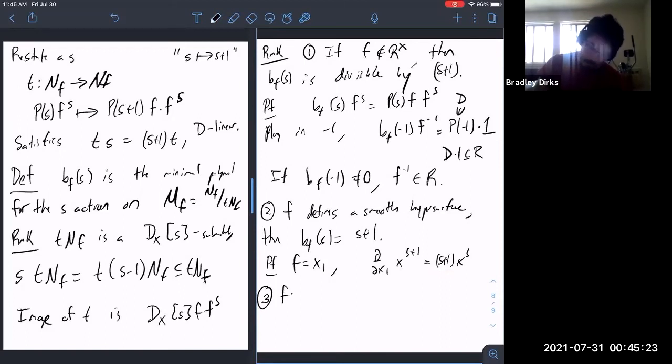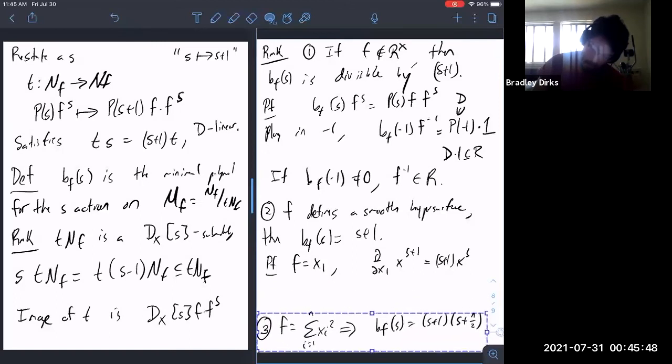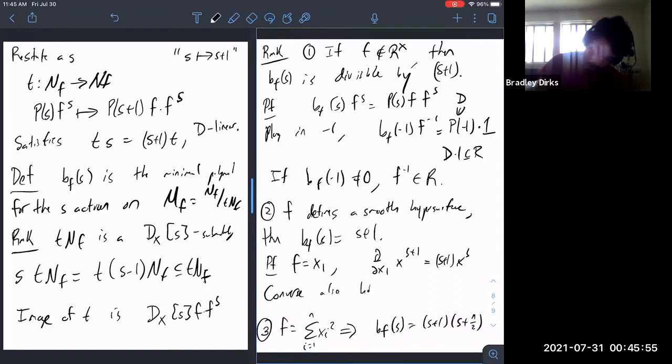And then maybe one example where we get an interesting Bernstein-Sato polynomial is this sum of squares function. Then actually b_f(s) is s plus 1, but then there's also an s plus n over 2. Maybe I should say there's a fact which is that 2 is an if and only if. The converse also holds.